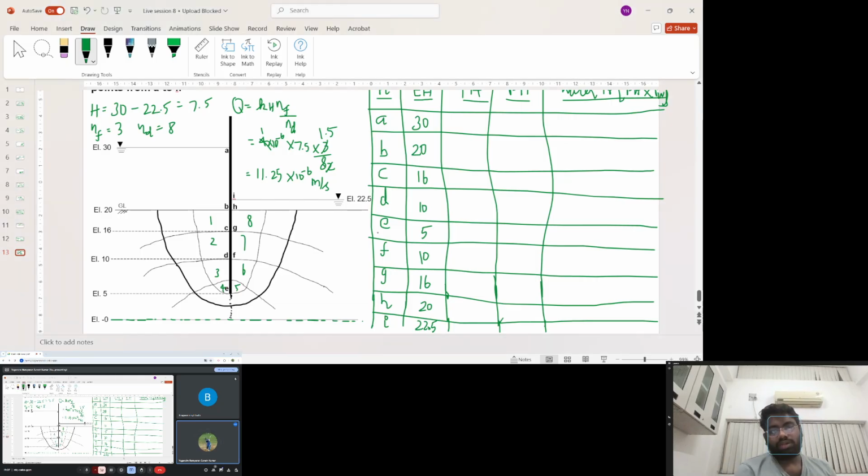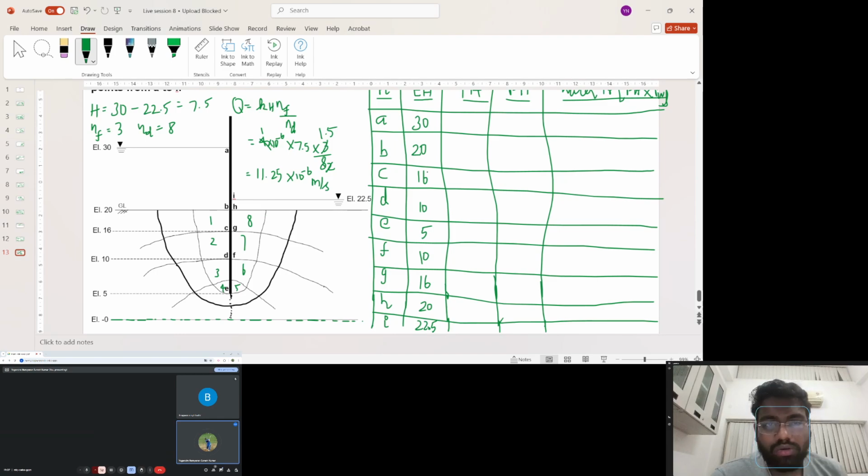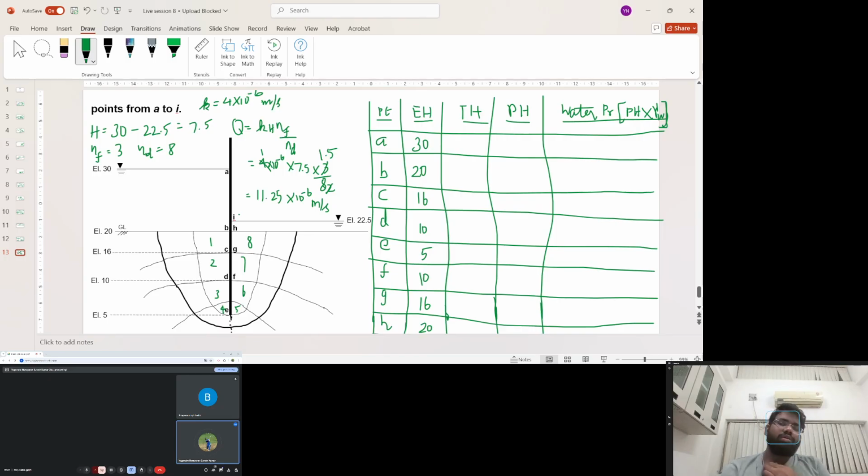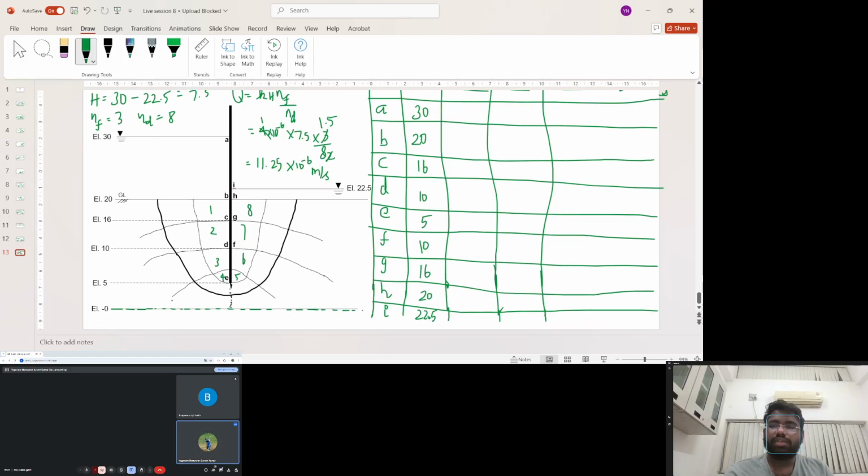Alright. Now coming to the total head. How to determine the total head? Now we have to understand what is actually happening. Here at point A, the elevation head is 30 and if we keep the piezometer here, it will give 0.